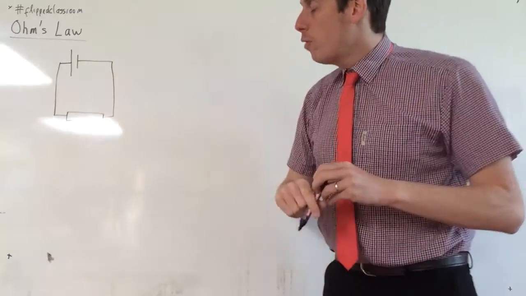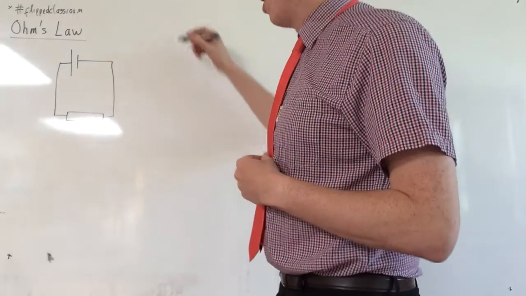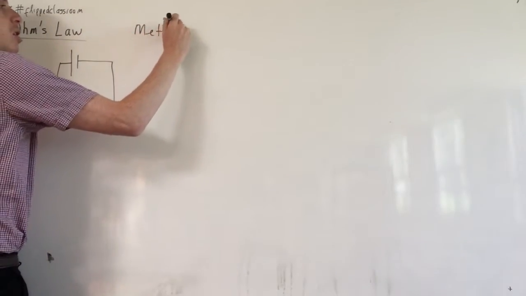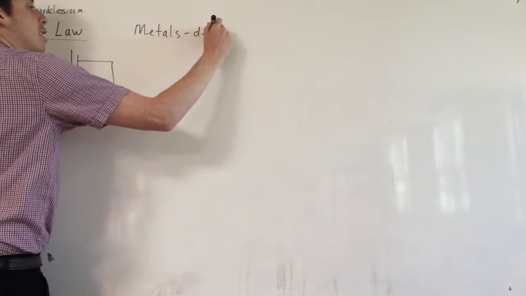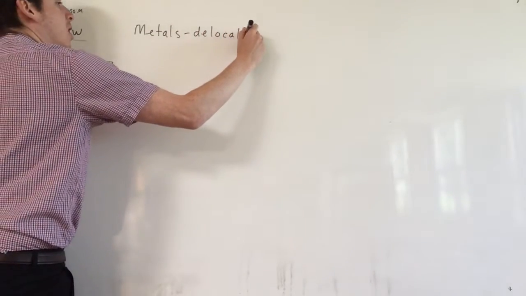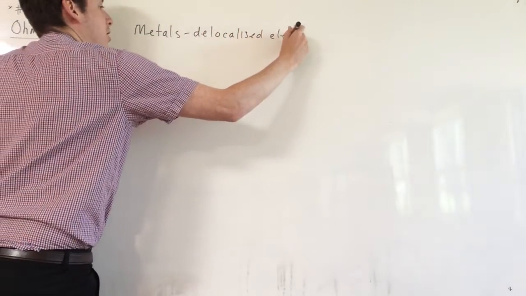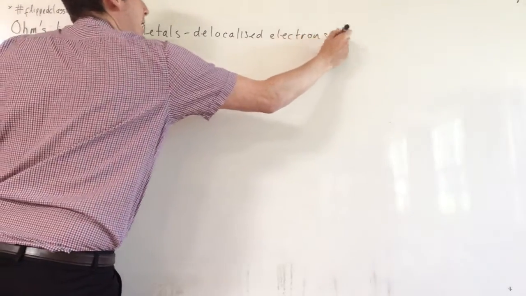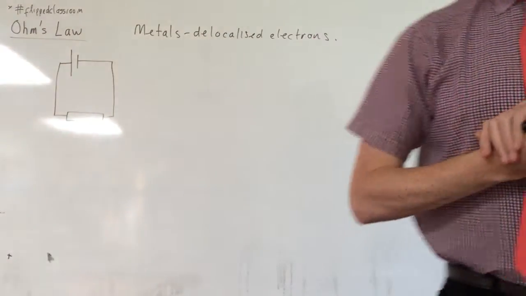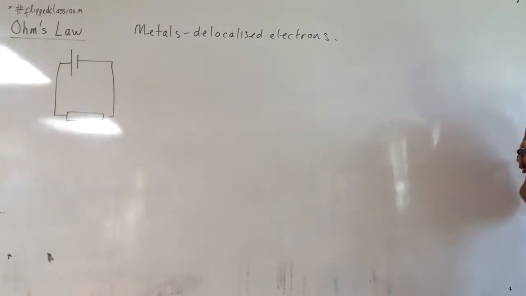Now, from chemistry, we know that metals contain delocalized electrons. Although it's all physics really, we know that electrons carry charge.